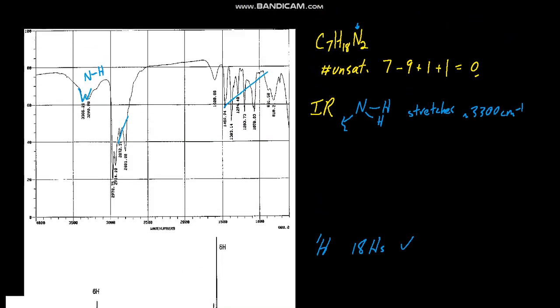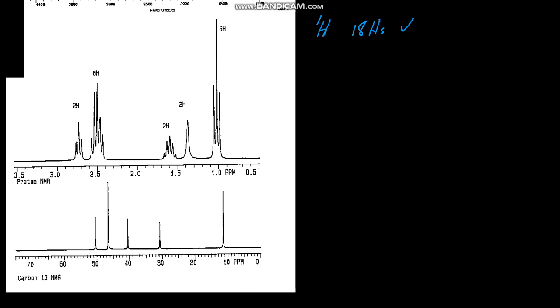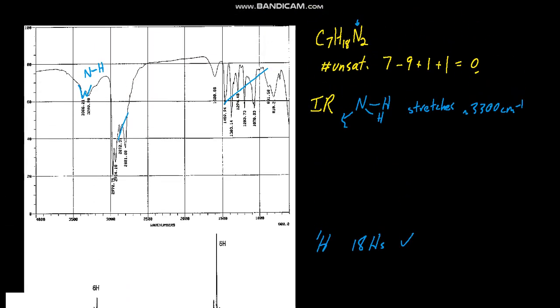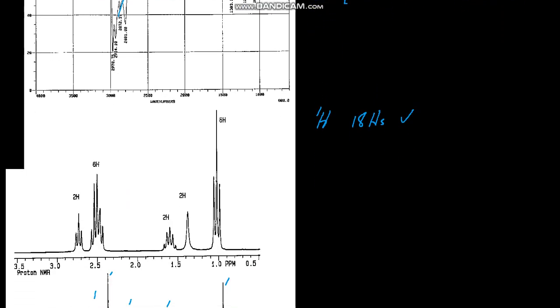In the proton NMR, we have 6, 7, 8, 9, 10, 11, 12, 13, 14, 15, 16, 17, 18 hydrogens. That's how many we're supposed to have, right? Total. And then 1, 2, 3, 4, 5 carbon signals, and we have 7 carbons.